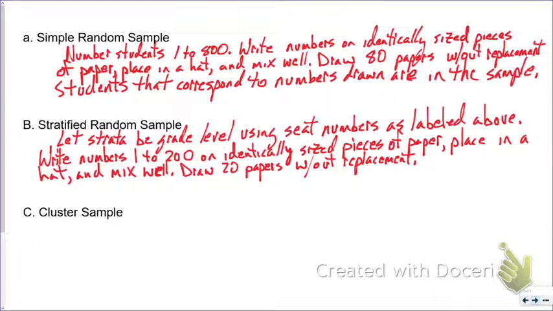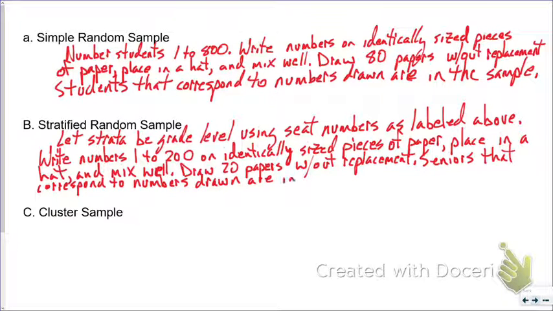Seniors, 12th graders, that correspond to numbers drawn are in the sample.